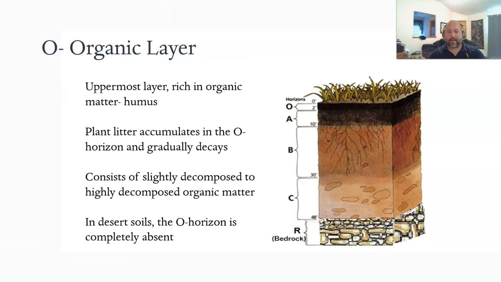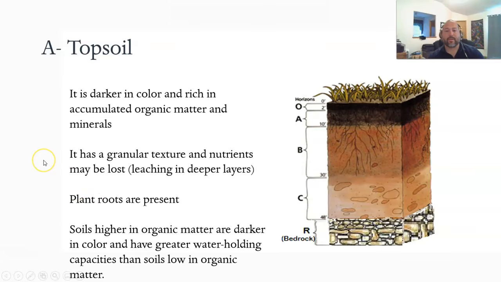So the organic layer is on top, taking things from the surface and bringing them into the soil, and then our next layer is our topsoil, which is the top of the soil working its way up from the bedrock.